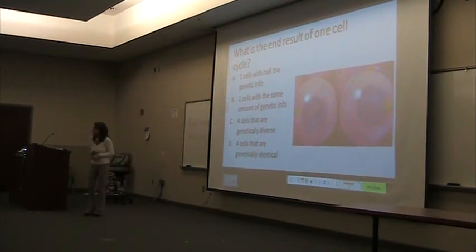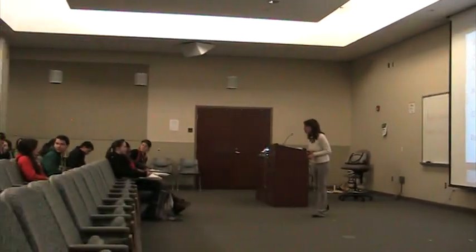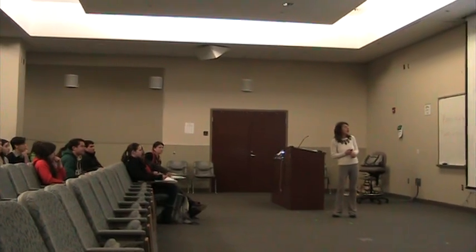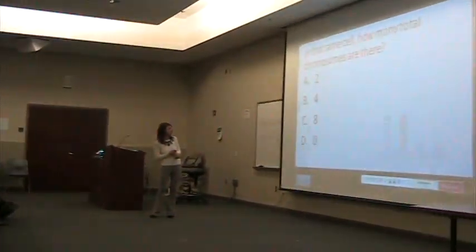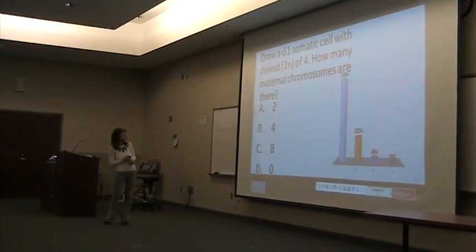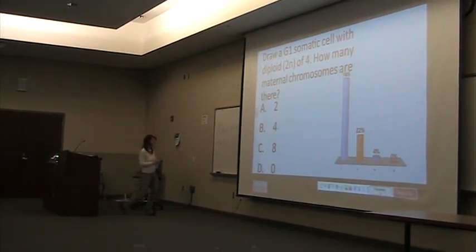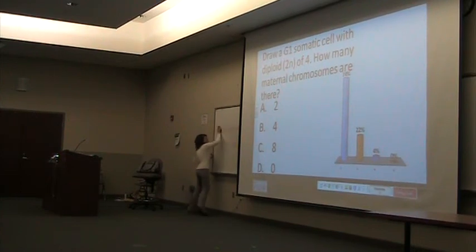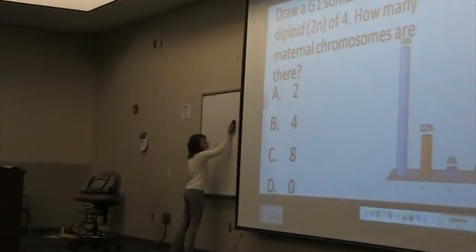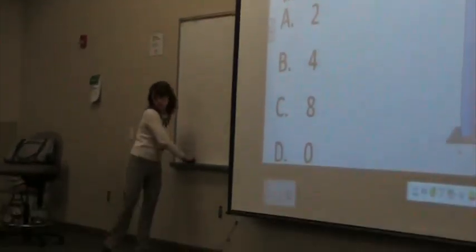Yes? Could you just draw what the number 1 would look like, the somatic stem cell before division? Yeah, so going back to that first question I asked you. Right, so drawing a somatic cell before replication, so a couple things to think about here. The replication has not yet happened, so we don't see two sister chromatids.